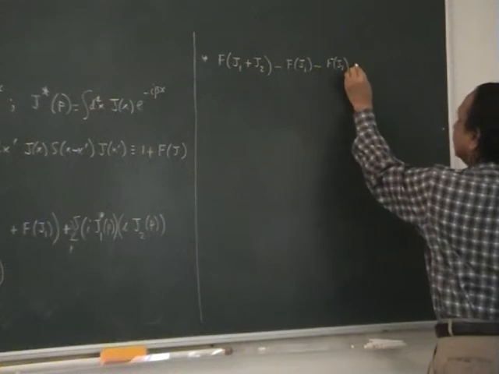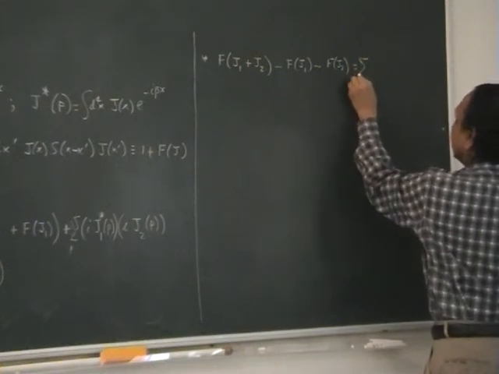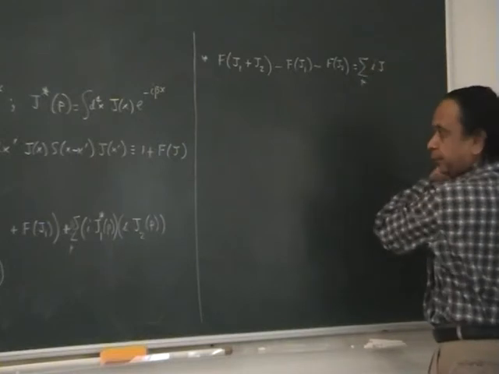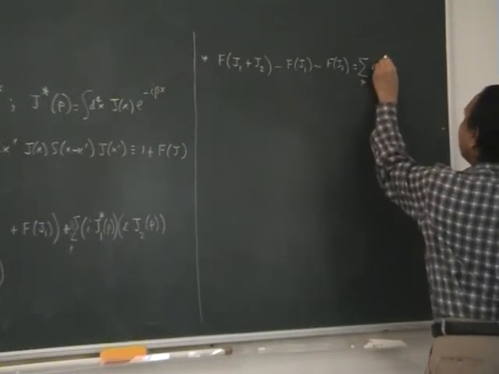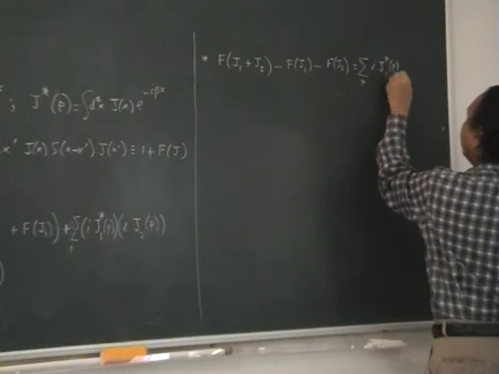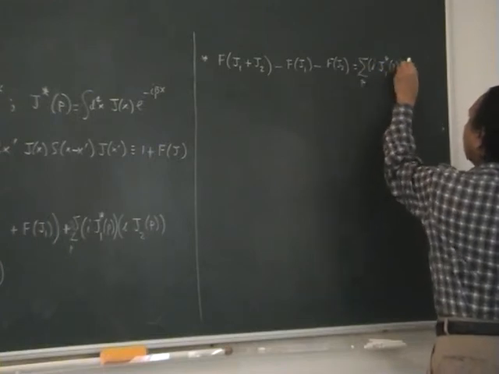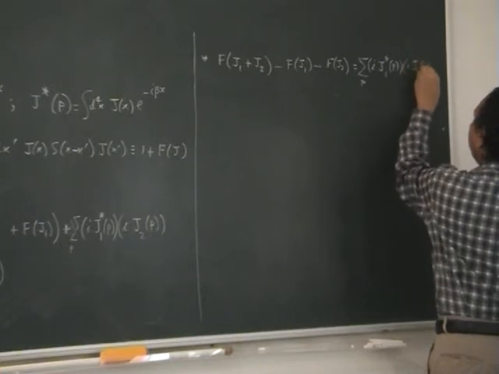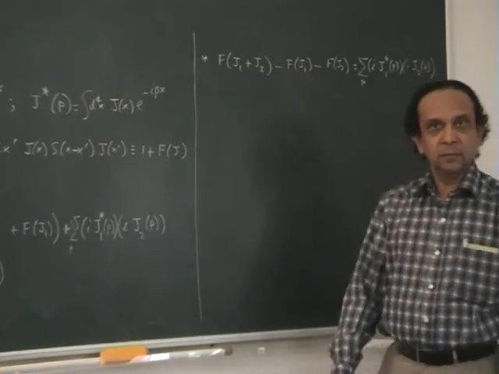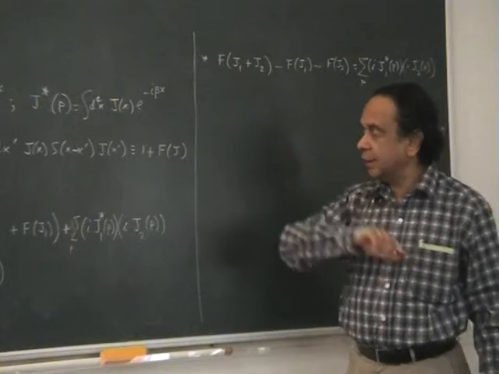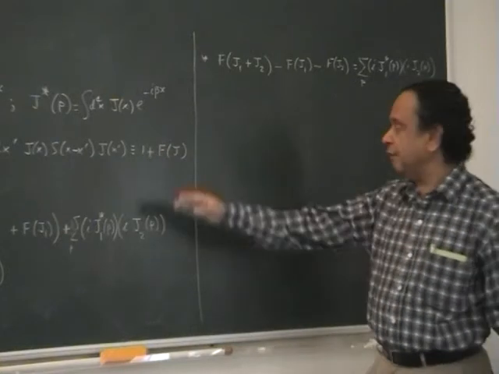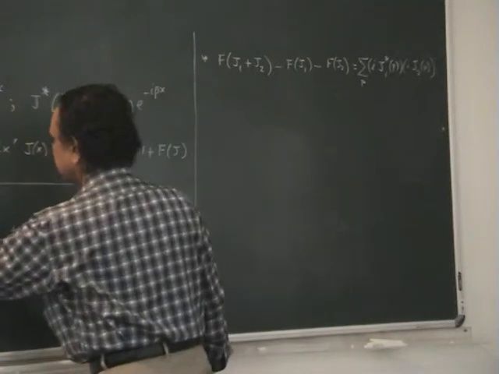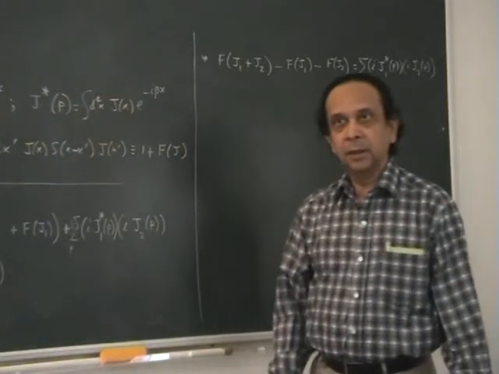Should be equal to, assuming the algebra is all correct, summation over p i J1 star of p i J2 of p. This is a condition on f, and f has this form. This is our f. Okay?